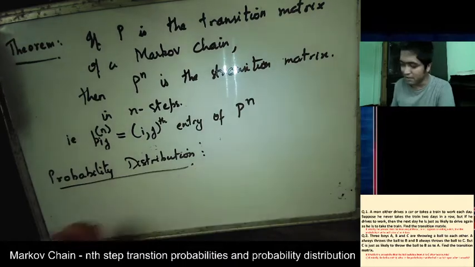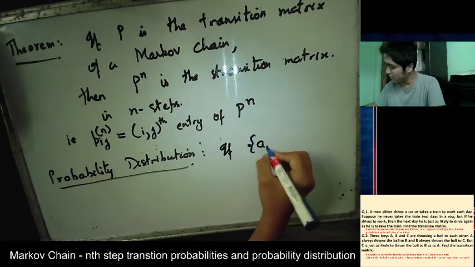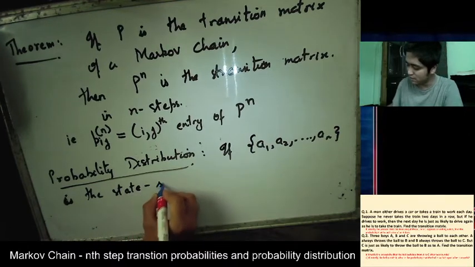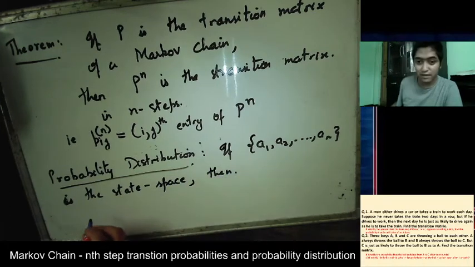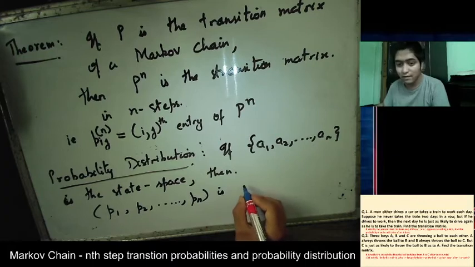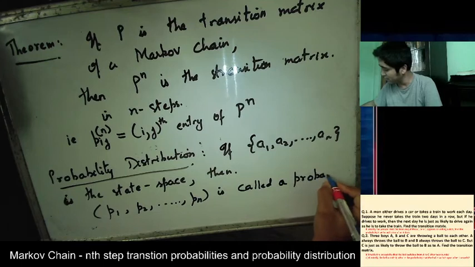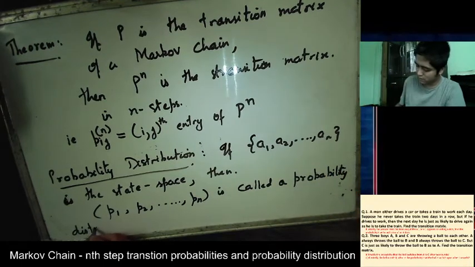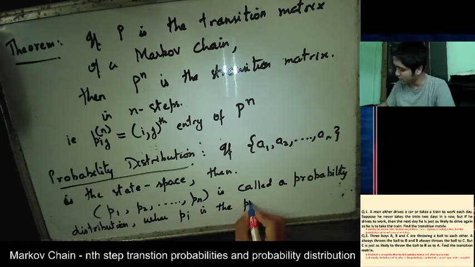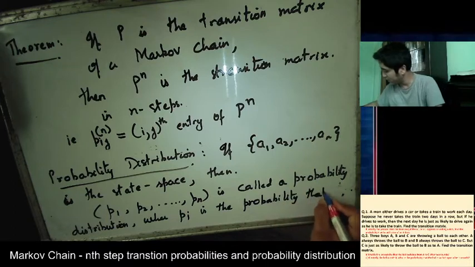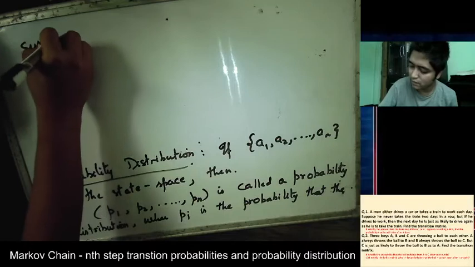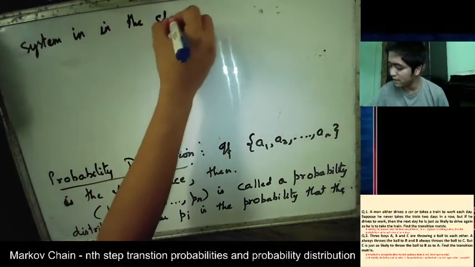Okay, so let me just write it down. If A1, A2 up to An is the state space, that is the possible outcomes, then P1, P2, up to Pn is called the probability distribution, where Pi is the probability that the system is in the state Ai.